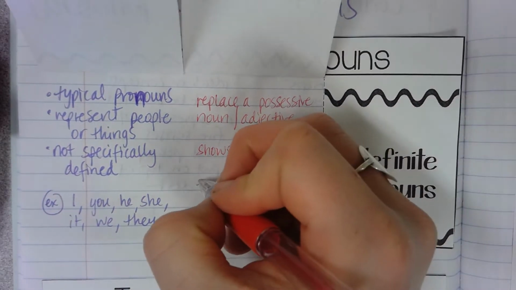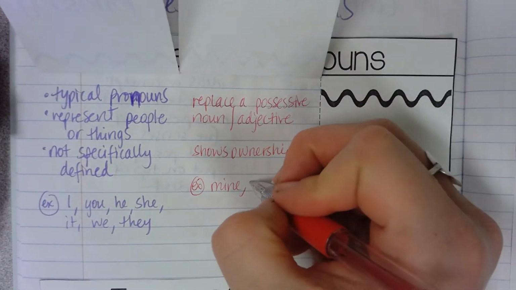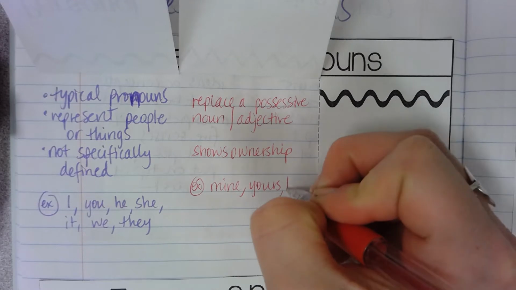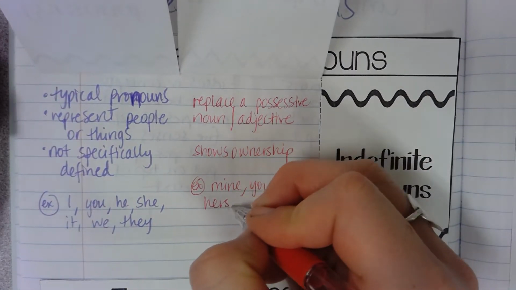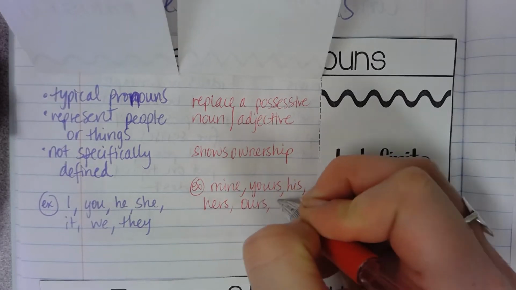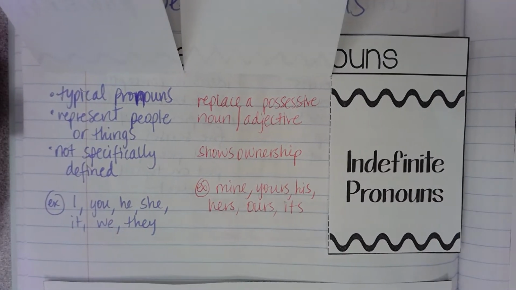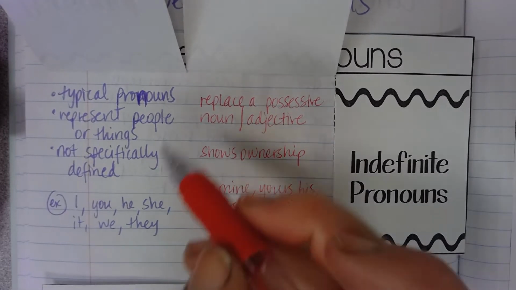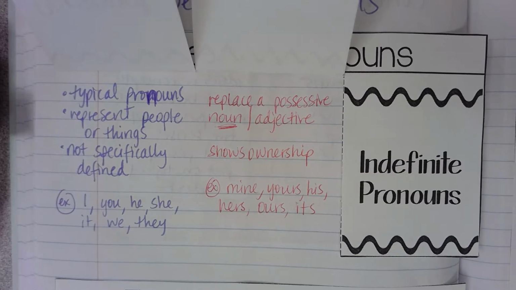And then examples: mine, yours, his, hers, ours, and its. Okay, so replace a possessive noun or an adjective, but most likely a noun, just with this case in this unit here.